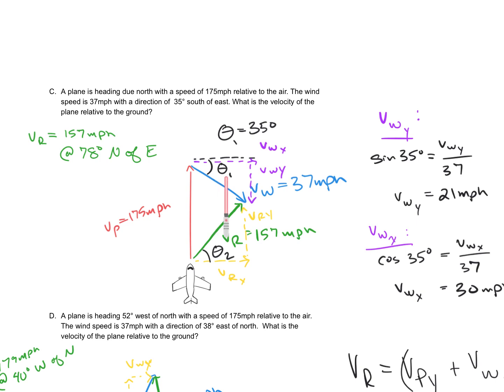Whenever you have a vector that is not directly in the coordinate system, we have to break it into its components. So you can draw this vector of the plane heading north with 175 miles an hour, and the wind is traveling in this southeast direction.